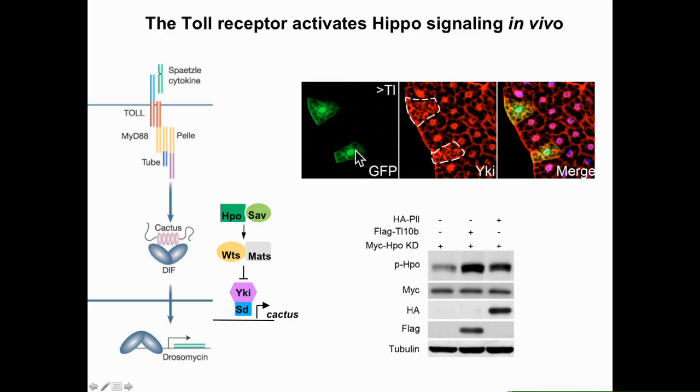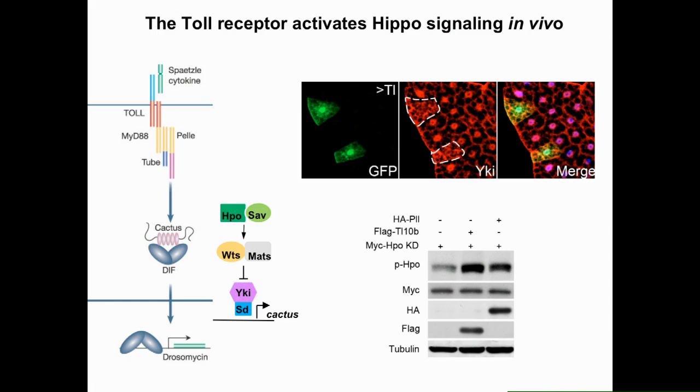So in the absence of any gram-positive bacterial infection, he can see that, unlike the normal fat body cell where the Yorkie is in the nuclei, in cells in which you simply overexpress toll receptor, even without bacterial infection, you can see that the Yorkie gene product goes to the cytoplasm. It's no longer concentrating in the nucleus.